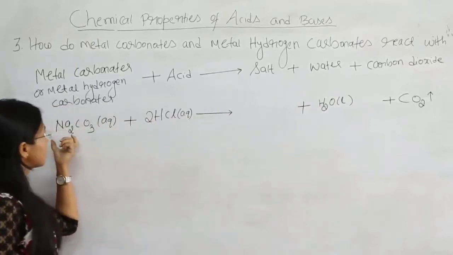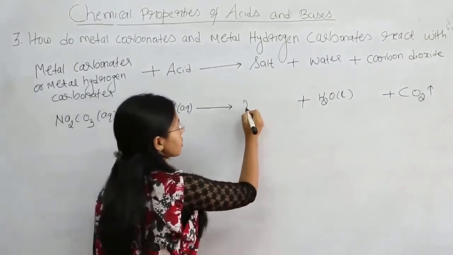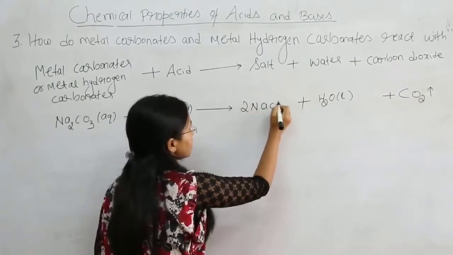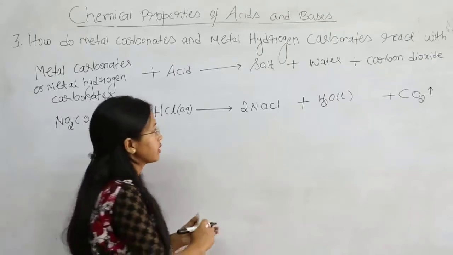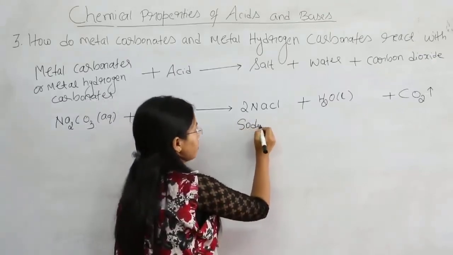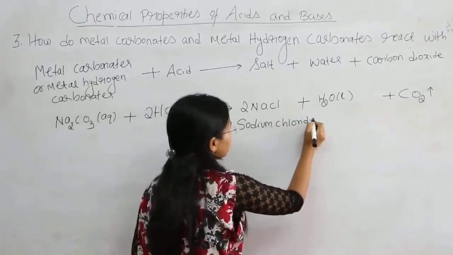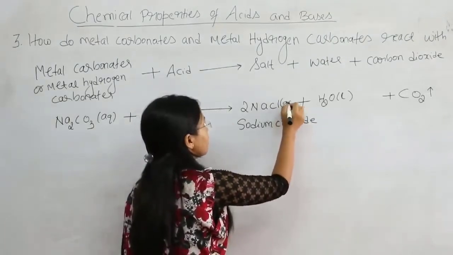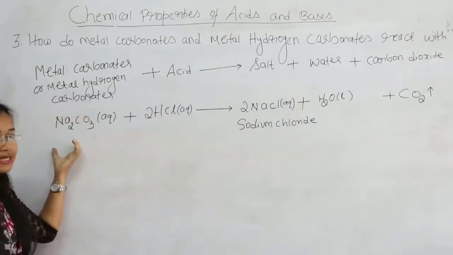We are left with Na2 and Cl2, so that is 2 NaCl. This is the salt that you get, sodium chloride in aqueous solution. So this is the first example.